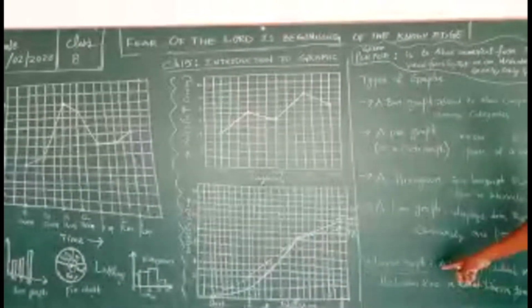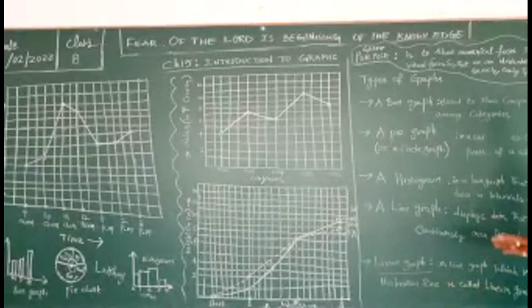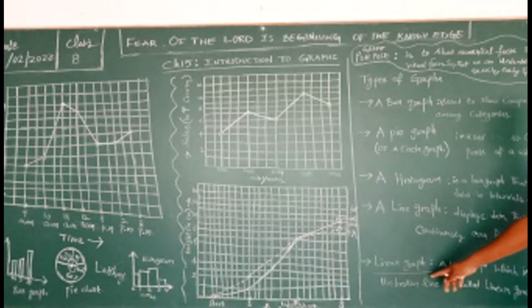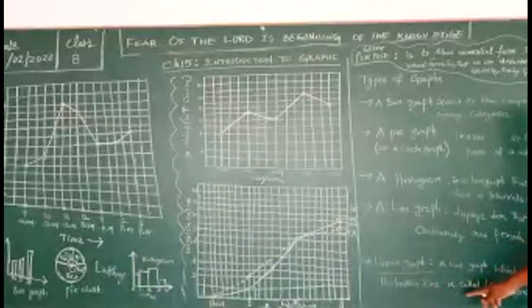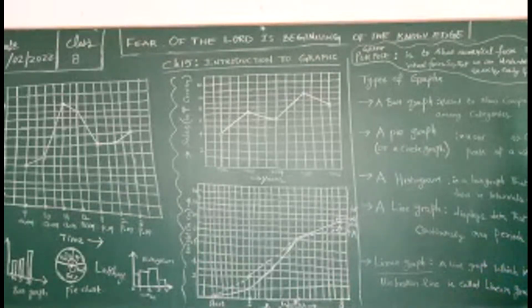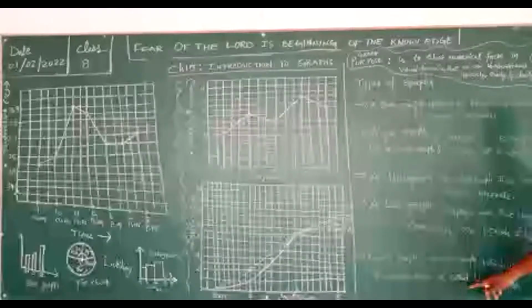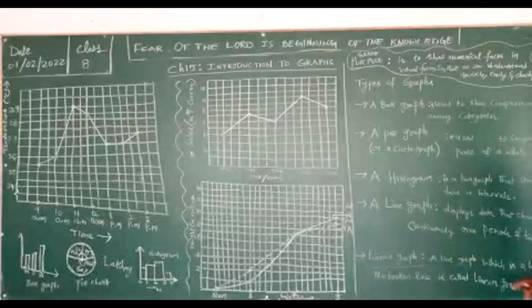Next one. What is the next one? What is a linear graph? A line graph which is a whole unbroken line is called a linear graph. Observe again clearly: a line graph which is a whole unbroken line is called a linear graph.